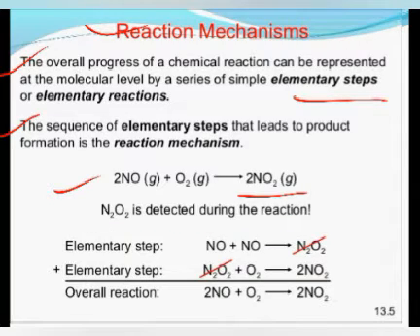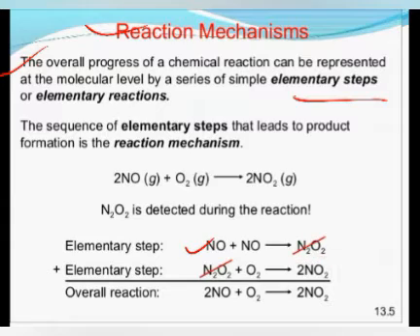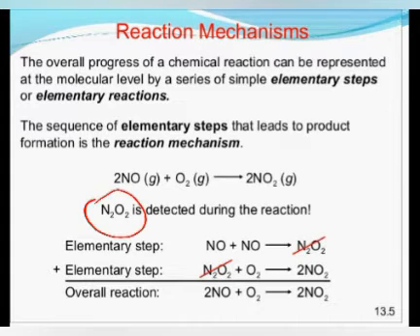In between, N2O2 forms: in the elementary reaction, 2NO reacts to form N2O2. Then N2O2 plus O2 forms 2NO2. So this complex N2O2 is the activated complex here.